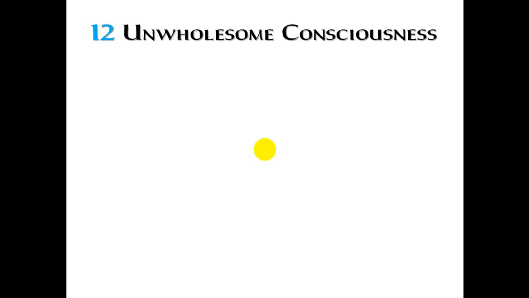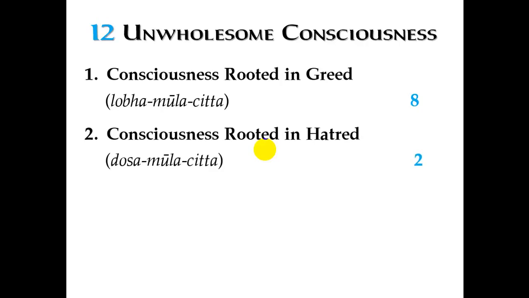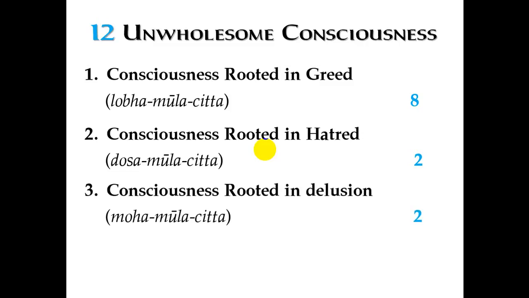I think it's not mentioned in the book, right? It's not mentioned in the book. It's important, you just take note, right? So we have 12 unwholesome consciousness. 8 consciousness rooted in greed. 2 consciousness rooted in hatred. 2 consciousness rooted in delusion, right?